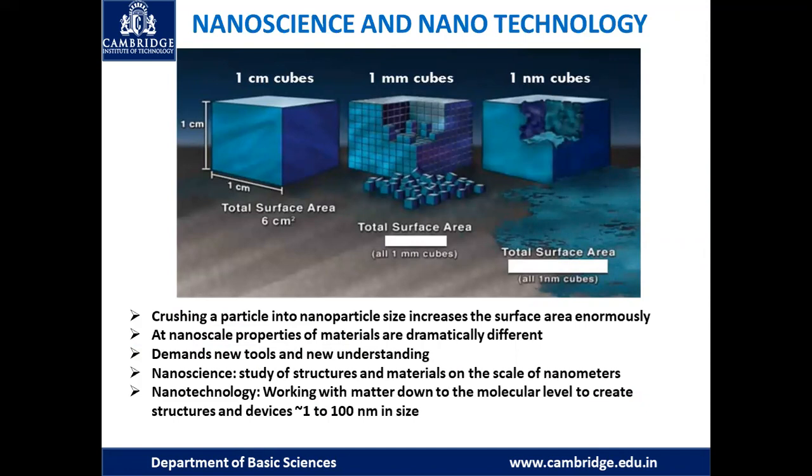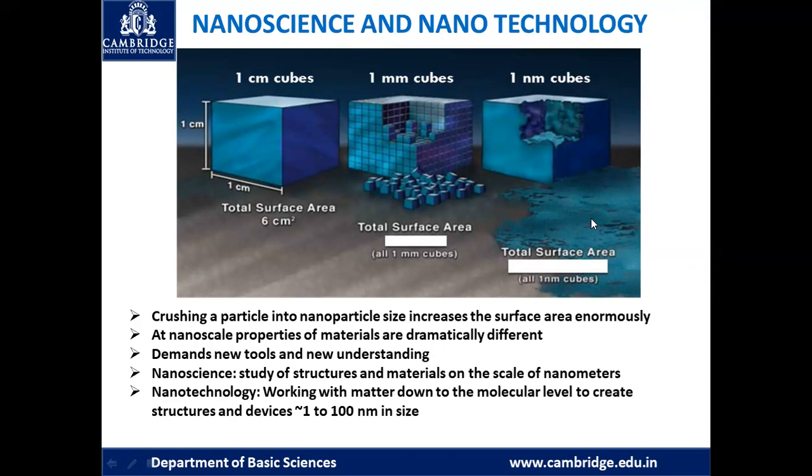Nanoscience and nanotechnology. So if we take a 1 centimeter cube material and make it into smaller particles of 1 nanometer cube size, the surface area will increase enormously. As the surface area increases, surface energy also will increase.